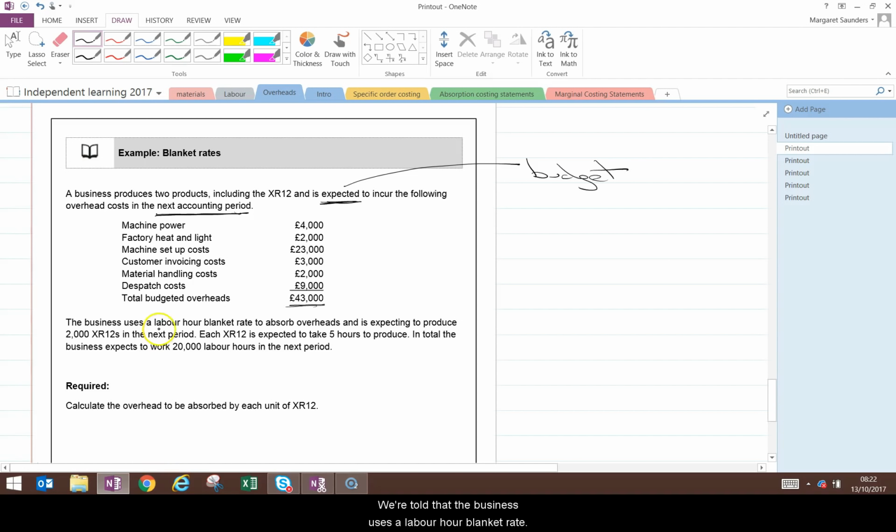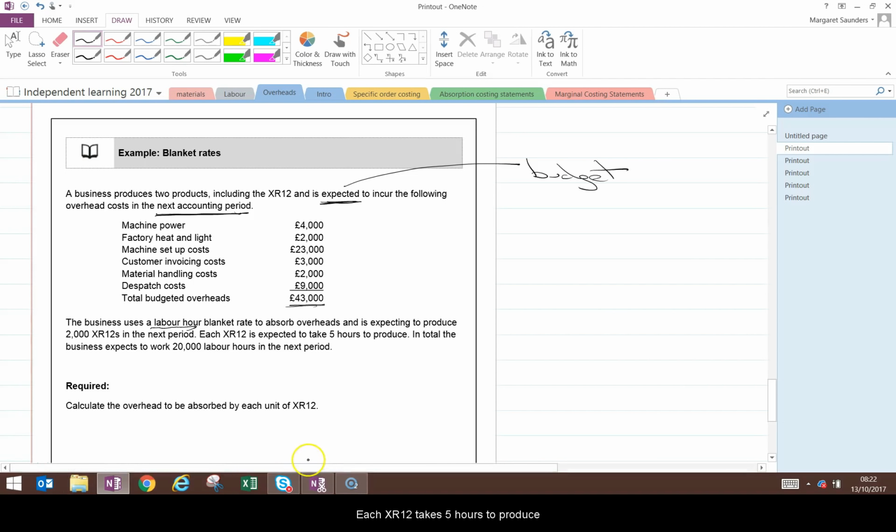We're told that the business uses a labour hour blanket rate. So that means the basis or the budgeted activity level is going to be labour hours. It expects to produce 2,000 XR12.